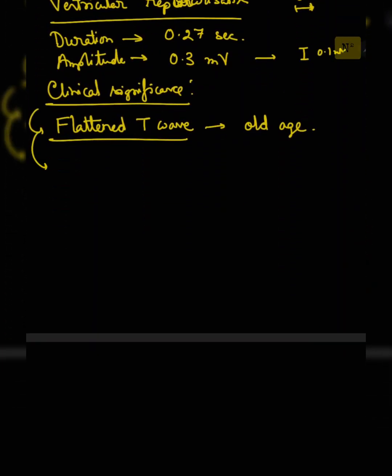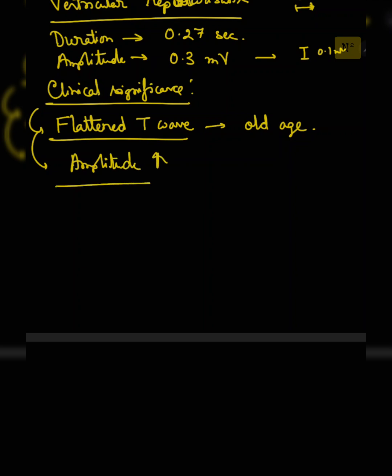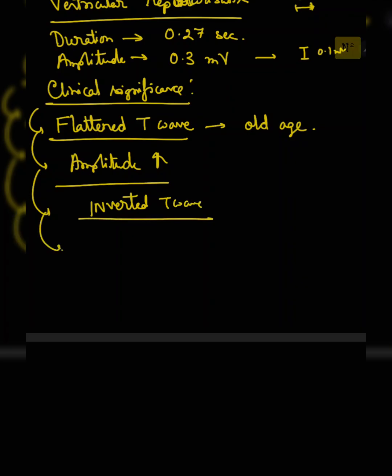Then in certain conditions you will get T waves whose amplitude will be increasing. Or sometimes you will get the T waves to be inverted. Sometimes you will also get tall or peaked T wave.